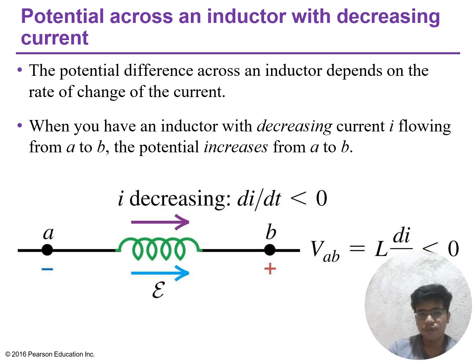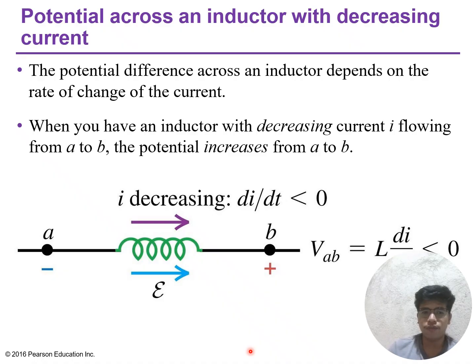And then moving on, we have the potential across an inductor with decreasing current. So when current through an inductor decreases, di/dt is less than 0, the inductor produces a voltage rise. V subscript L is equal to L di/dt, so that opposes the decrease.